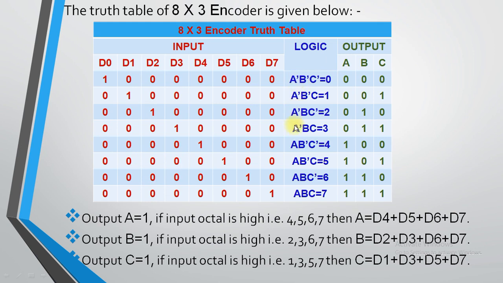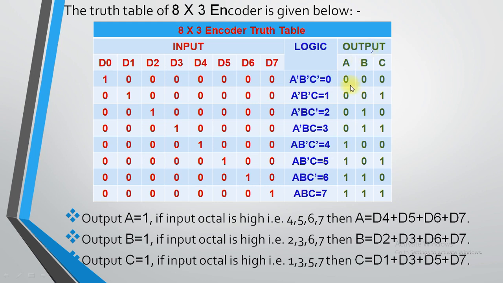Logic you need to write based on the output data: 0, 1, 2, 3 up to 7. That means octal value. Octal numbers, you know that 0 to 8 is the octal number. Sorry, 0 to 7 is the octal number, and octal means 8. Right? So 0 to 7 I have marked over here.